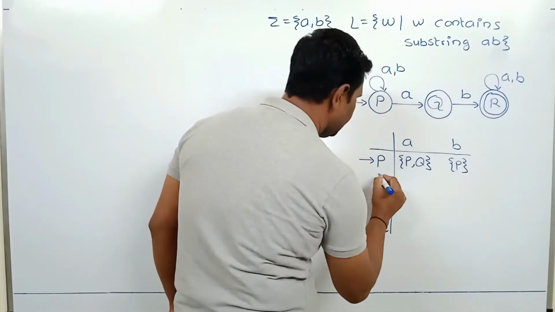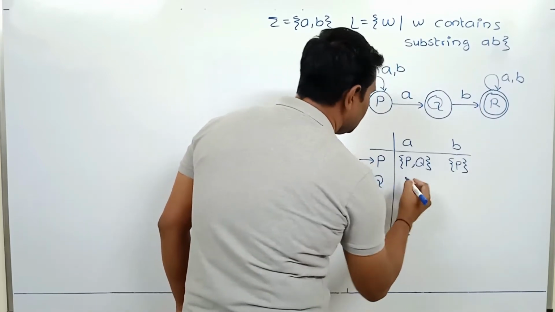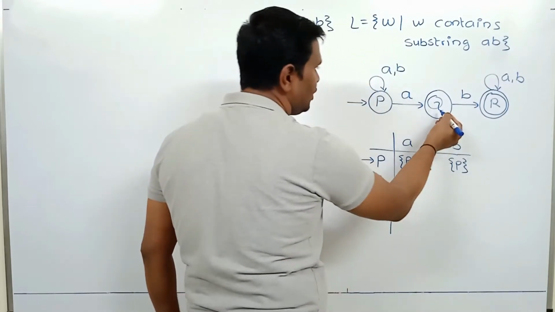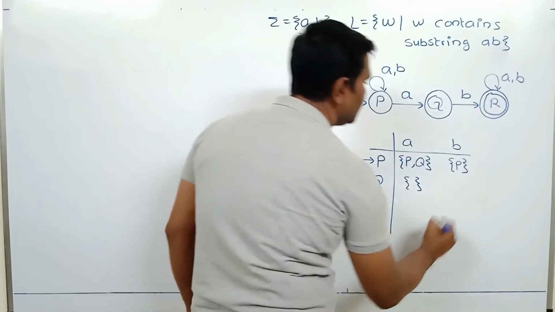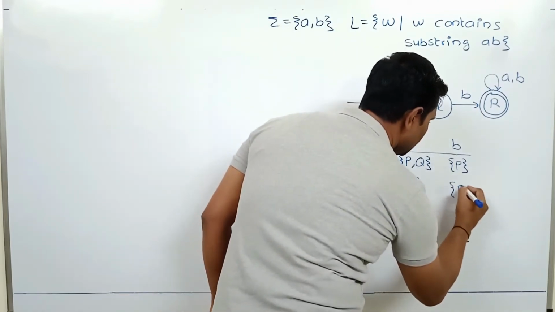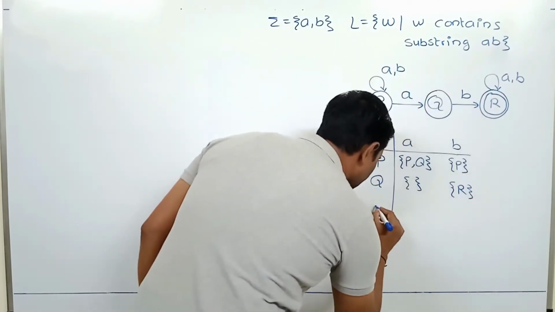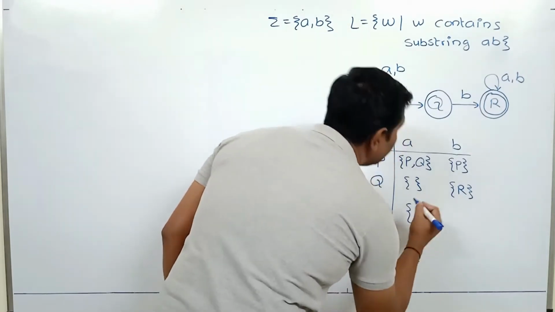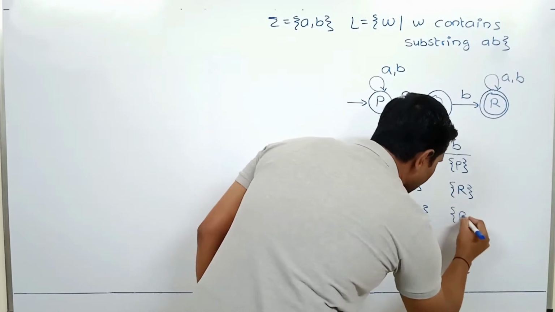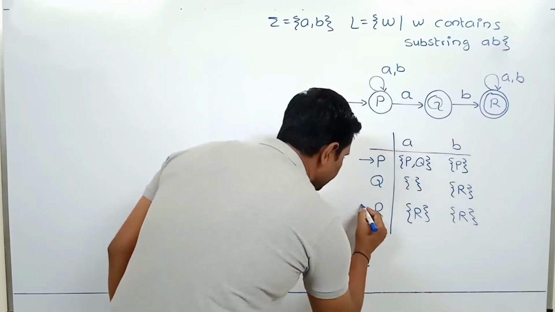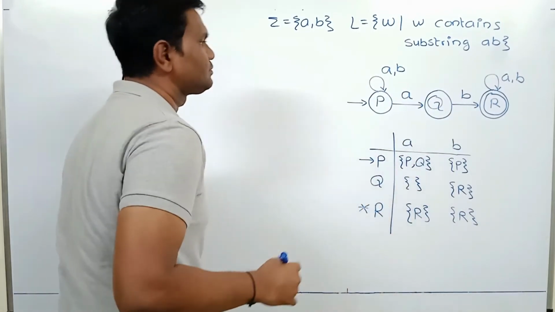For Q, at Q there is no transition for A, so we write empty set over here. Q on B goes to R. For state R, R on A goes to R, R on B goes to R. There is only one final state, R.